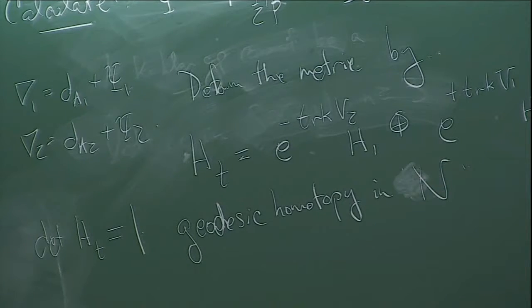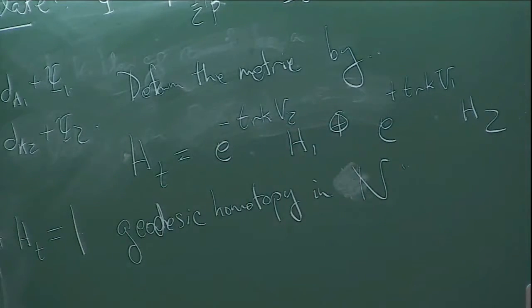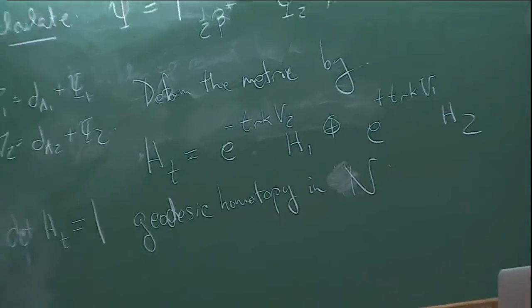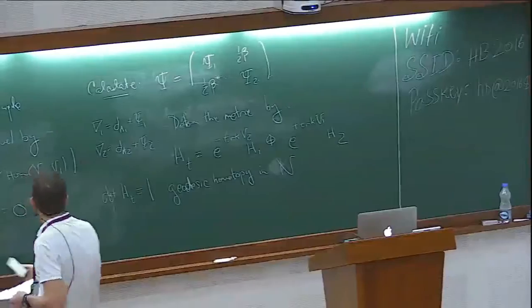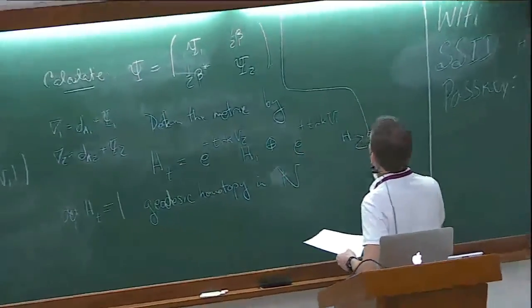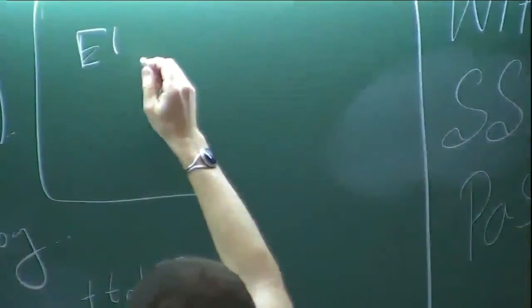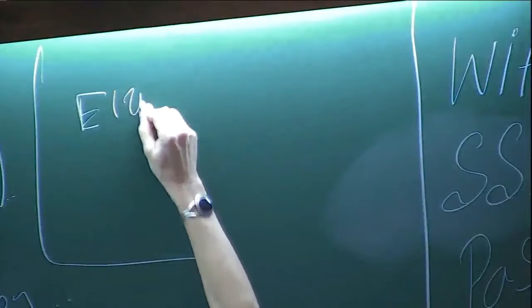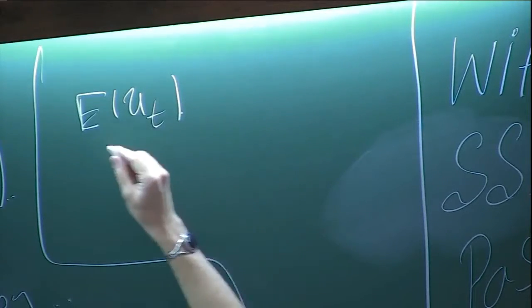Okay? And so now you want to calculate the energy, and the way you calculate the energy is by using the formula that I wrote here. So what is the energy? Let me just fit it right here, and I can finish. The energy of this new map is this.